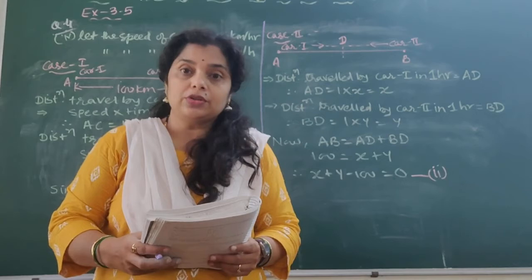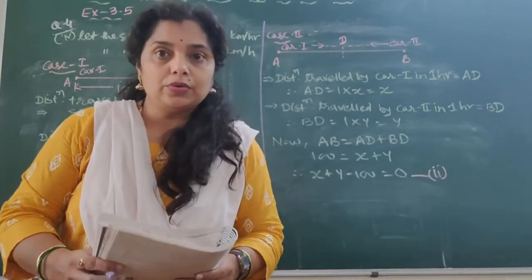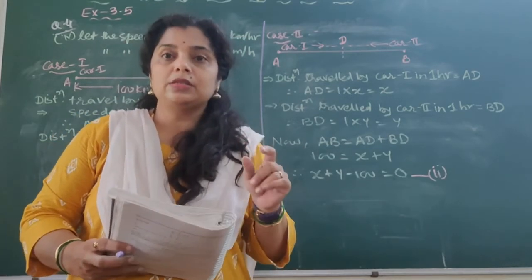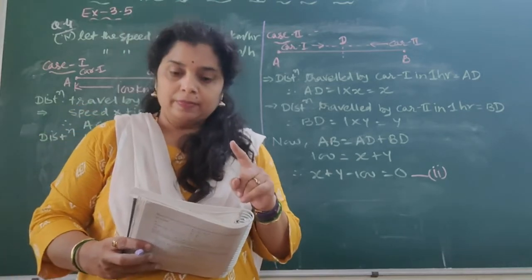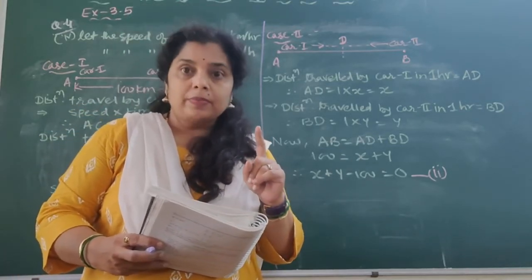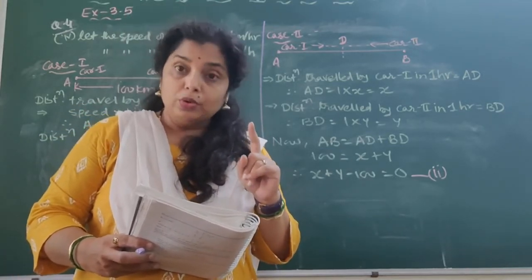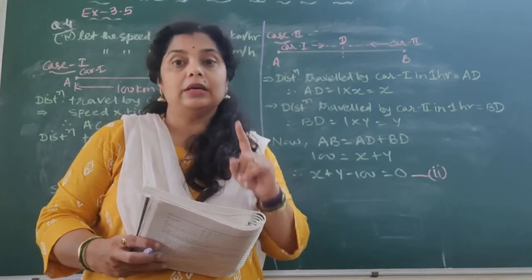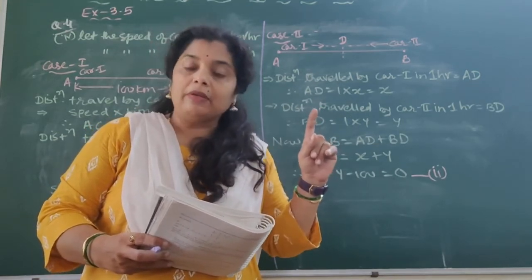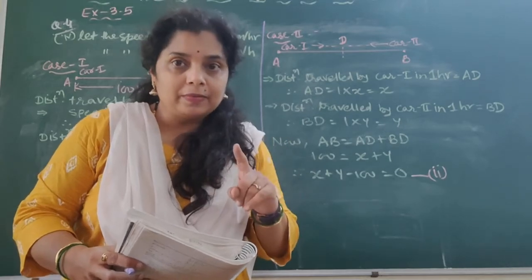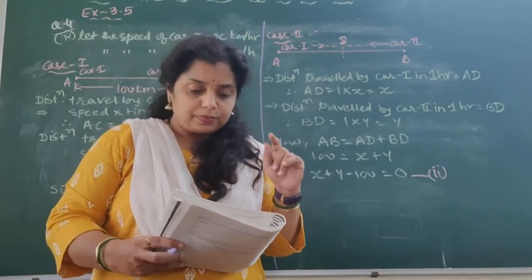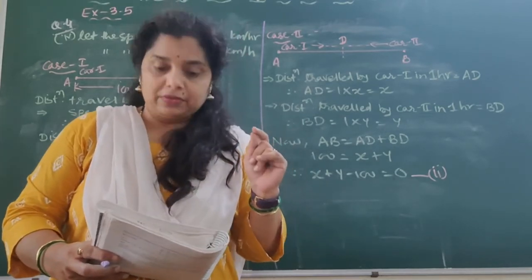So the first condition: the distance between A and B is 100, and in the first case both cars travel in the same direction with different speeds, and therefore they meet in 5 hours.